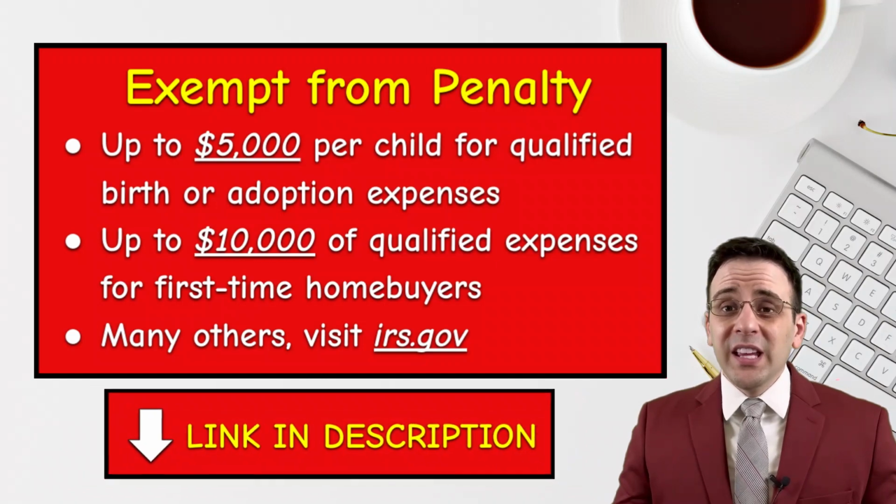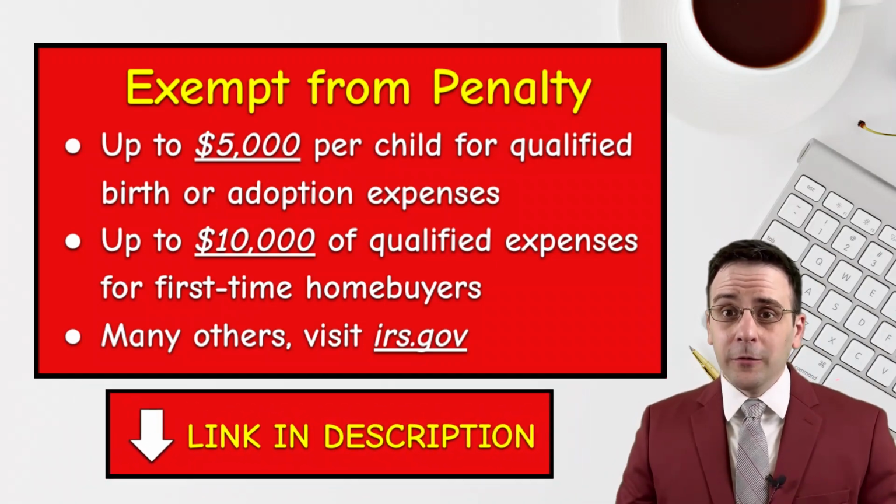You can find the list through the IRS's website, irs.gov. For me, I view making early withdrawals from my retirement accounts to pay for non-retirement expenses a last resort. It's important to keep this in mind so you don't put yourself in a tough situation down the road when you might not have enough funds to retire when you'd like to.